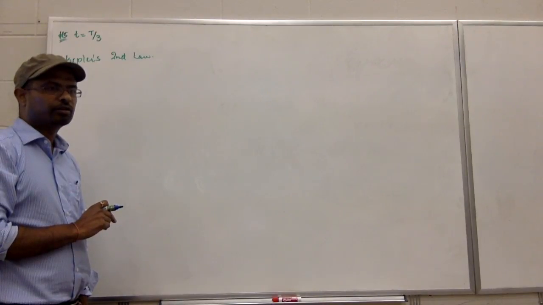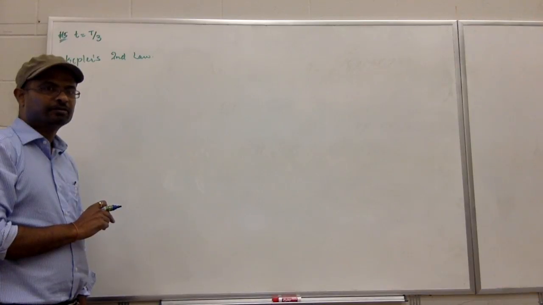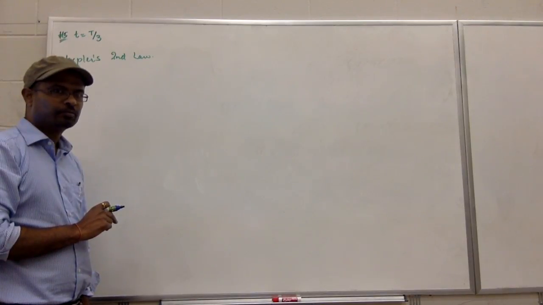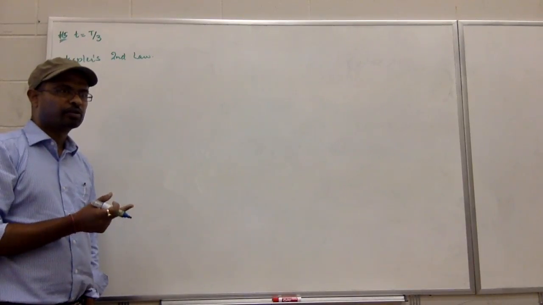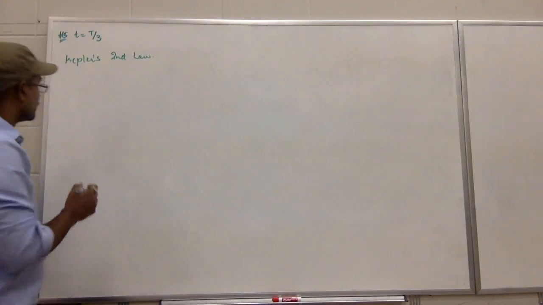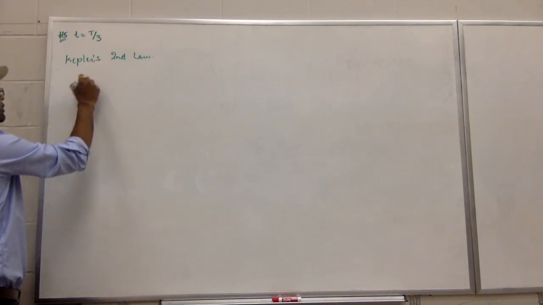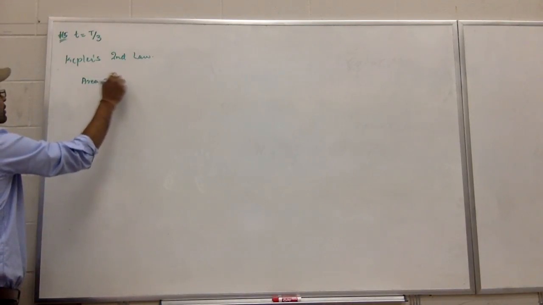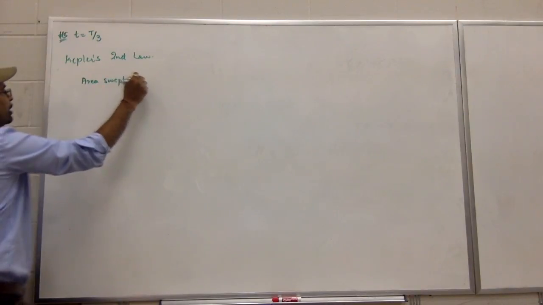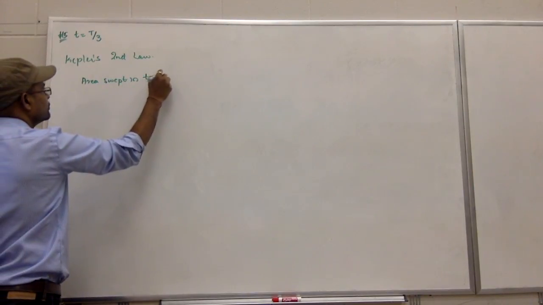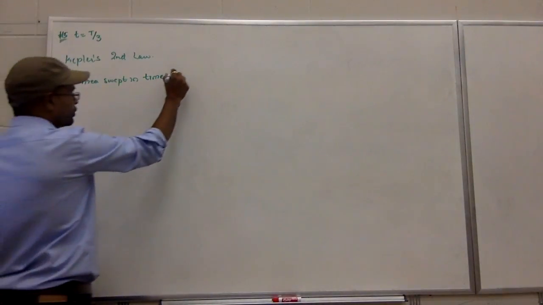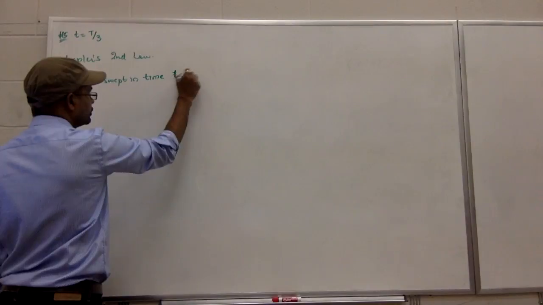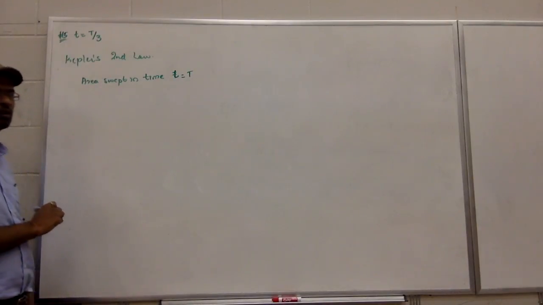I gave you the statement. Look at the statement and tell me. What is the second law? The planets orbiting around the sun trace equal areas in equal times. Equal areas in equal time. Okay. What is the area swept in time t? Area swept when t is equal to T for an ellipse.